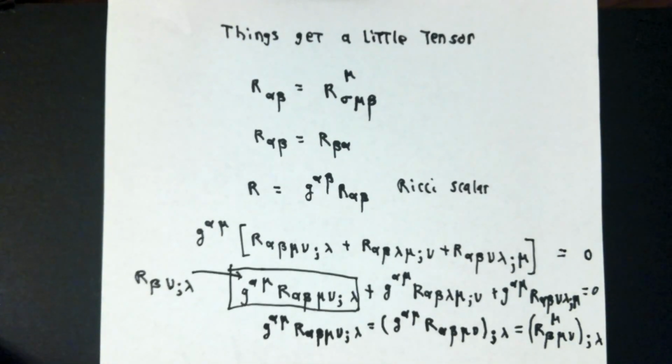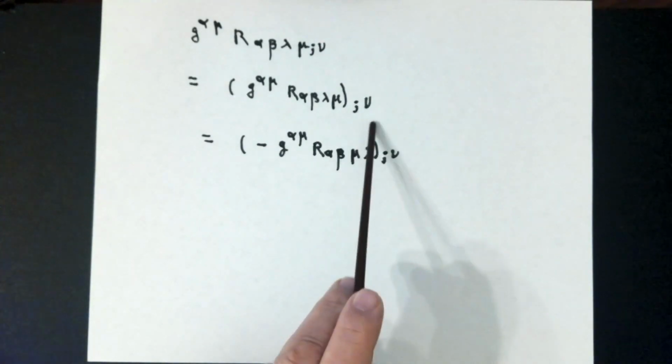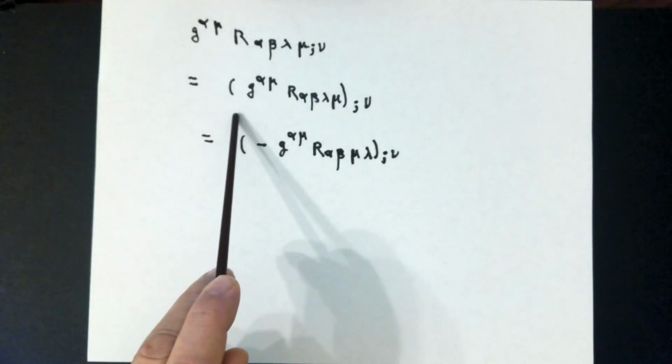We will be able to do something that's similar in spirit to the middle term. The third term is going to be a little bit more troublesome, but we'll be able to do something with that as well. The second term, using the same trick as before, can be written in this form.